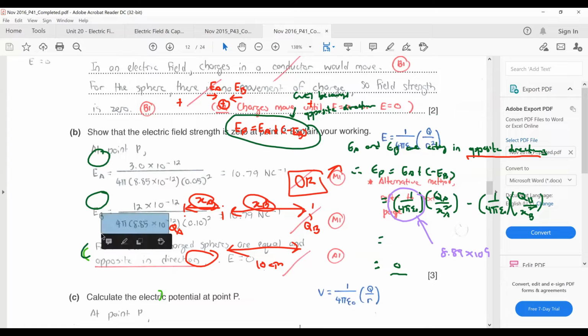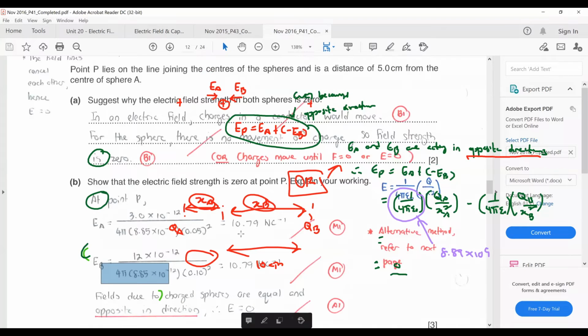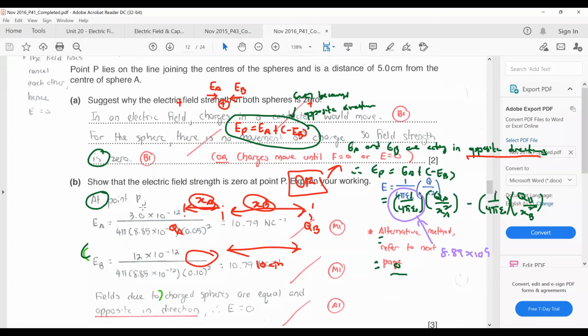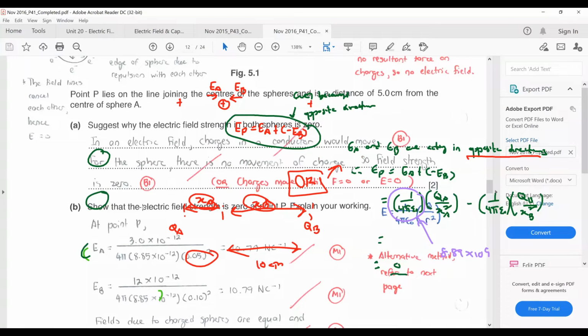This is actually wasting time. You can just straight away say 1/4 pi epsilon naught is 8.89 times 10 power 9. You make your workings a lot cleaner also. Okay, so this part is okay. Then after that, they ask you calculate the electric potential at point P. All right. So if you're okay with this, I think you guys should be okay with this.